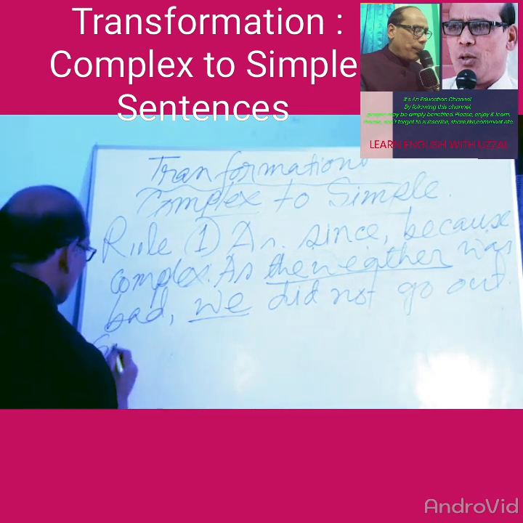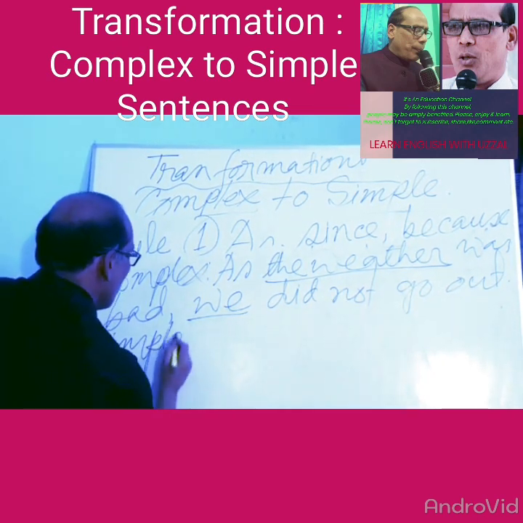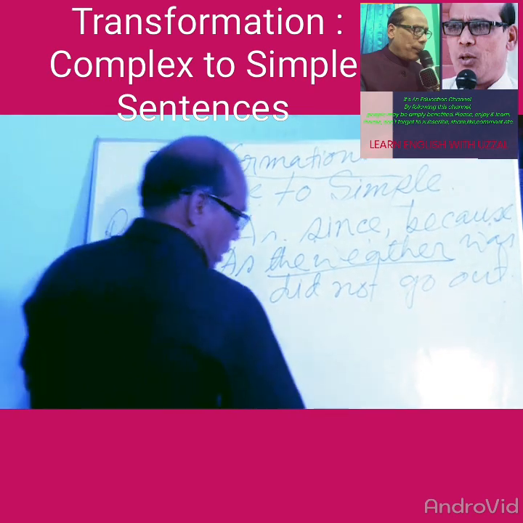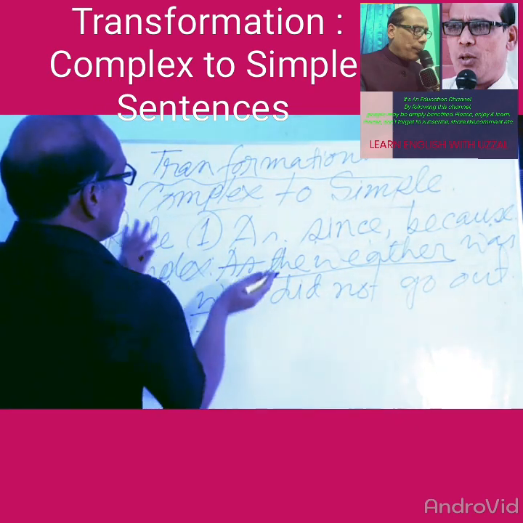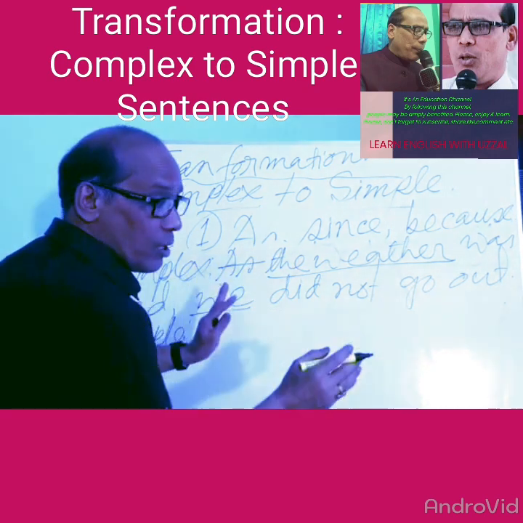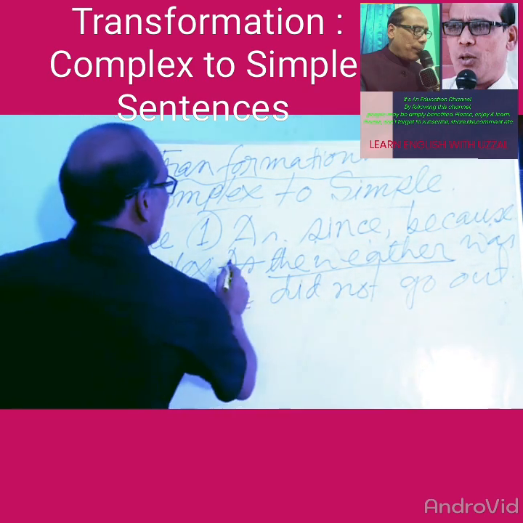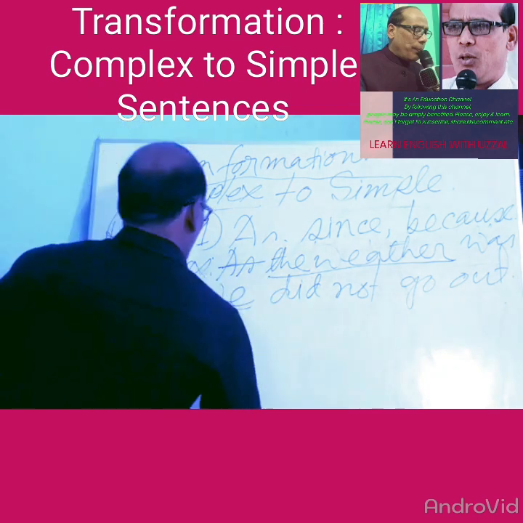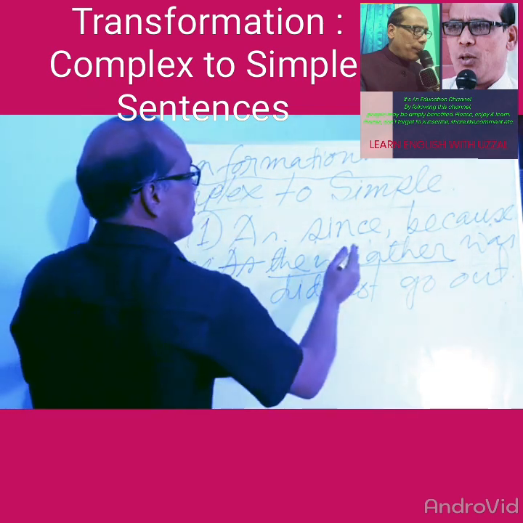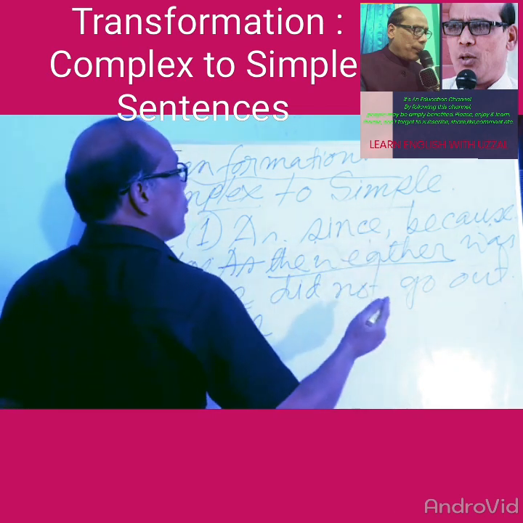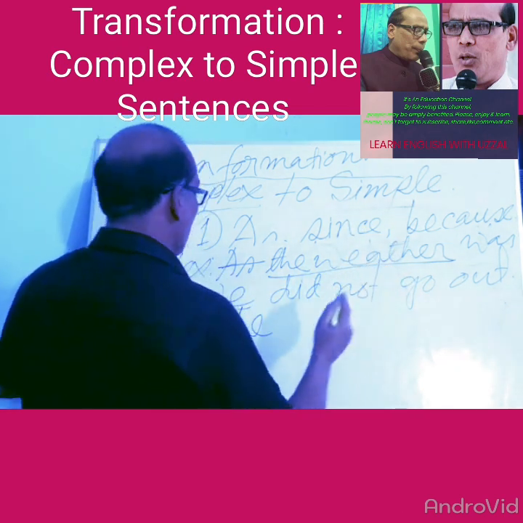Suppose, simple: as it is a complex sentence, so we are going to turn this into simple. As will be omitted. The weather, as the subjects are different, so both the subjects will remain the same.